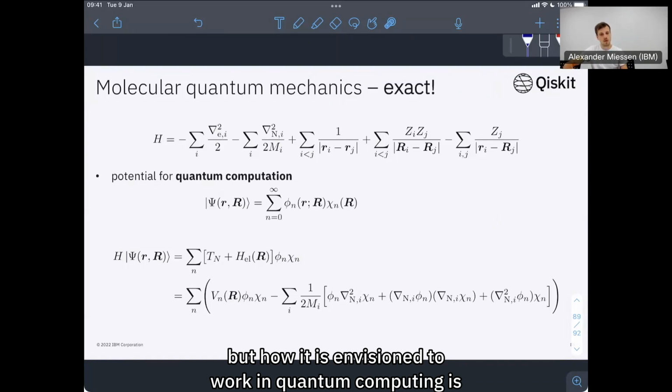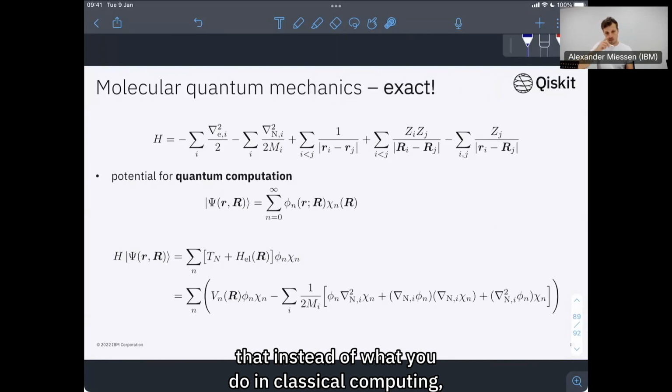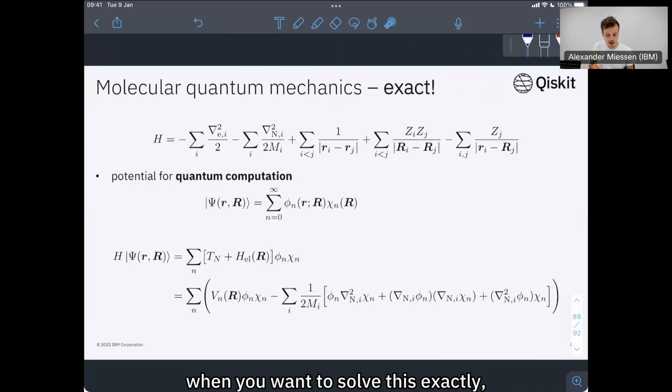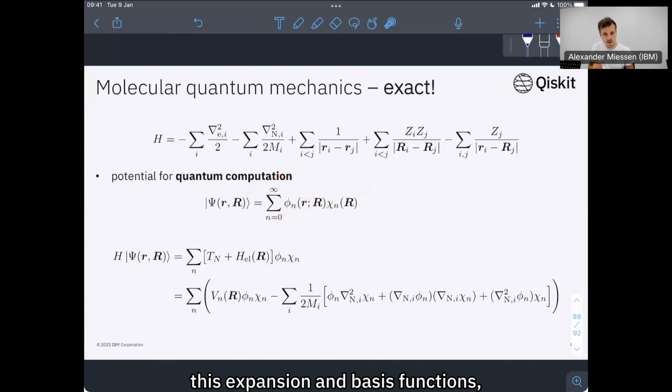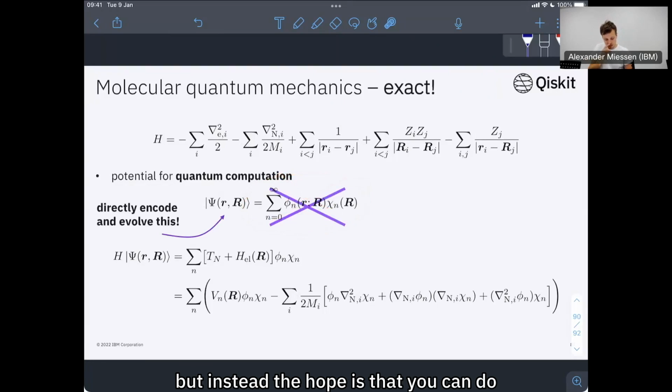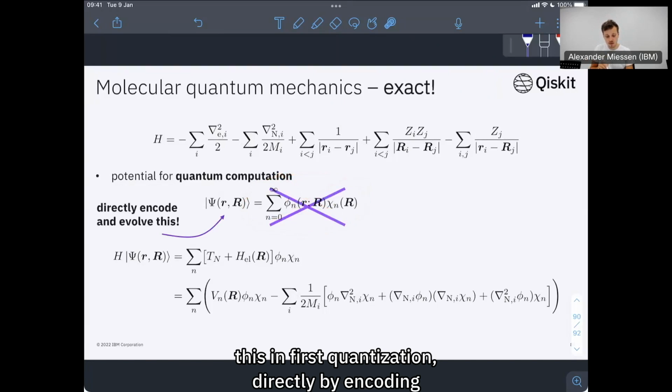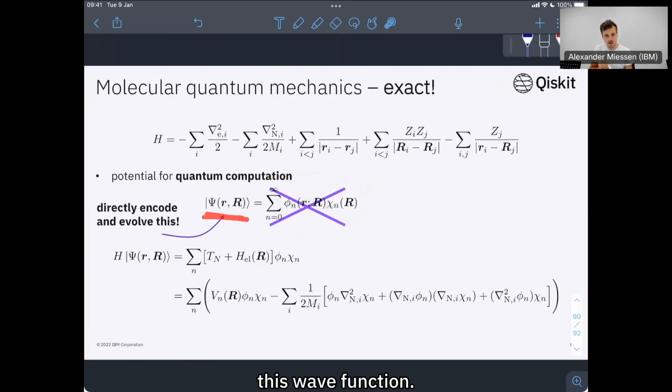But how it is envisioned to work in quantum computing is that instead of what you do in classical computing when you want to solve this exactly, you do not have to do this expansion in basis functions, but instead the hope is that you can do this in first quantization directly by encoding this wave function, okay?